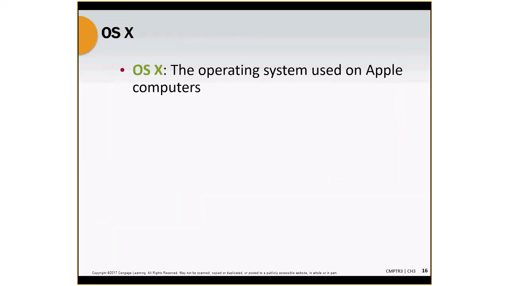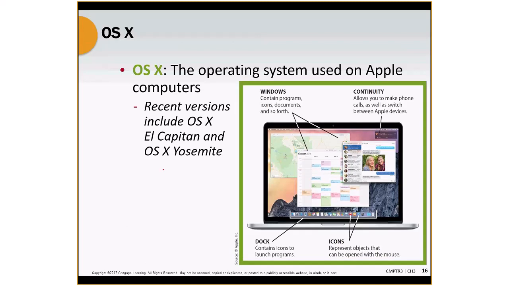OS X is an operating system used for Apple computers. Gotta love Apple. Recent versions include OS X El Capitan and OS X Yosemite. So here is what this kind of operating system looks like.